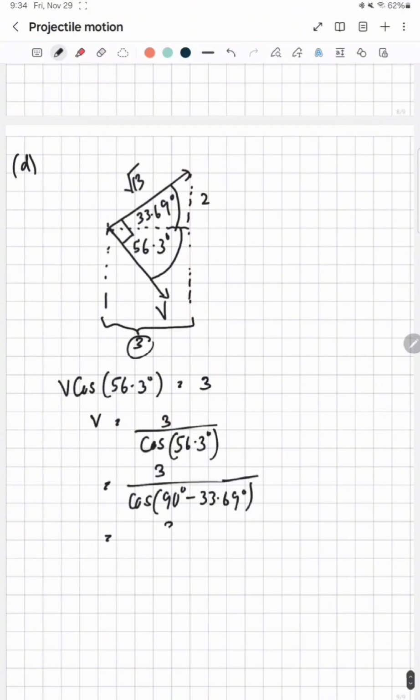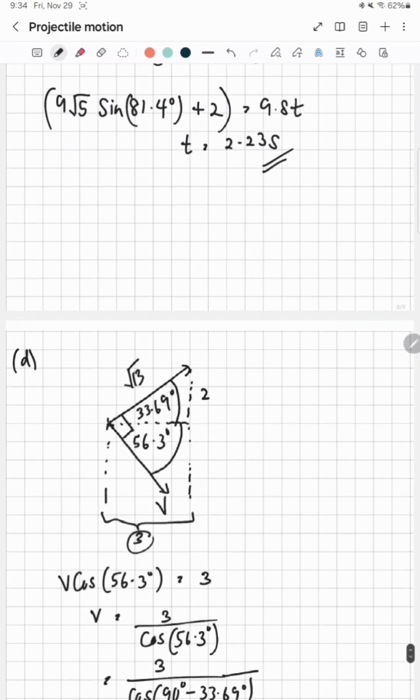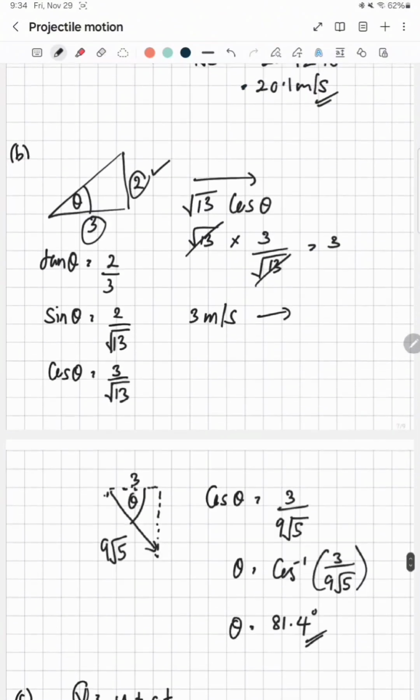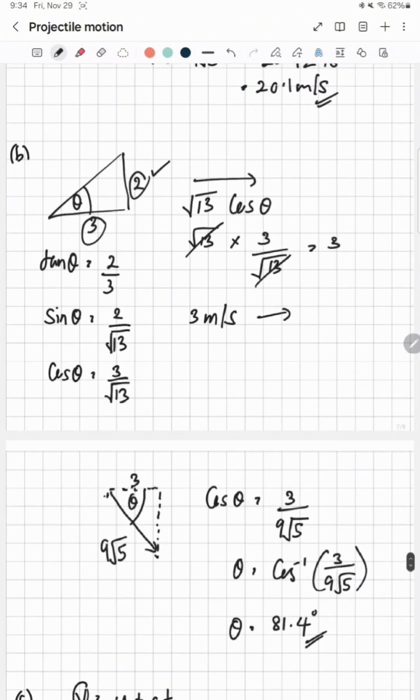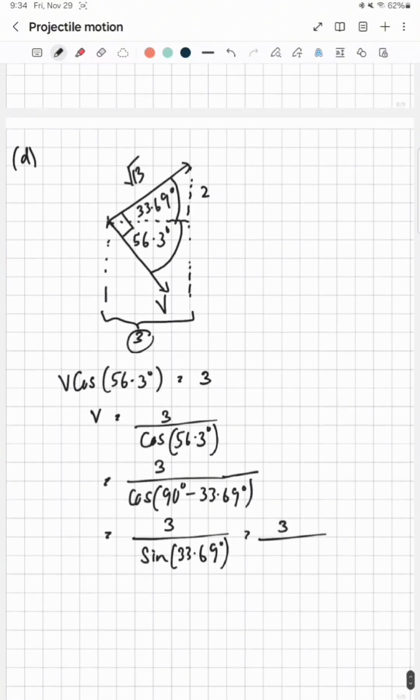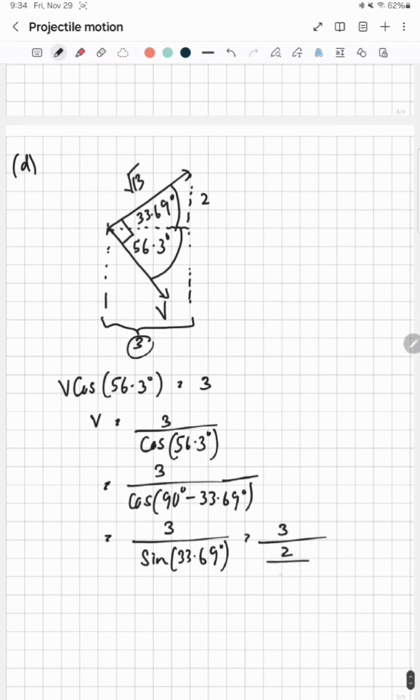So this means 3 over sine 33.69, which is 3 over 2 over root 13.